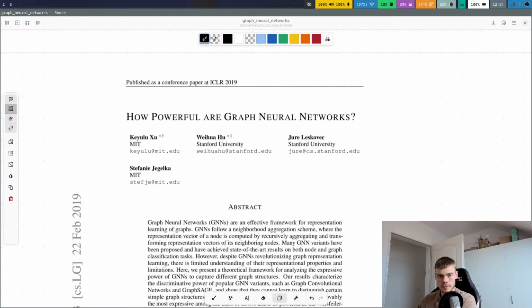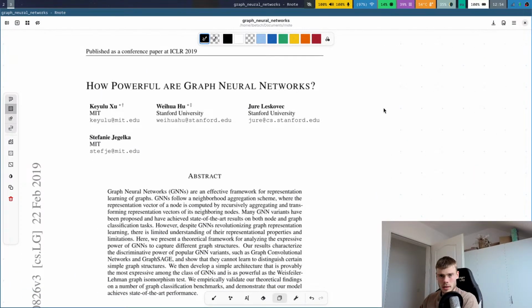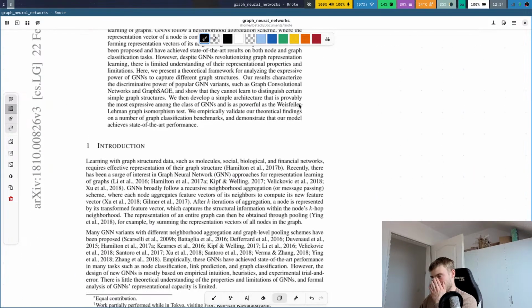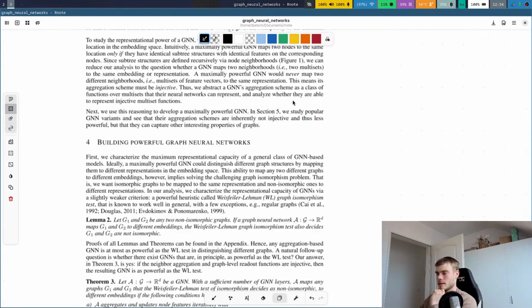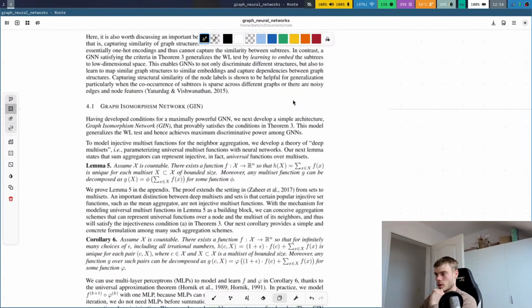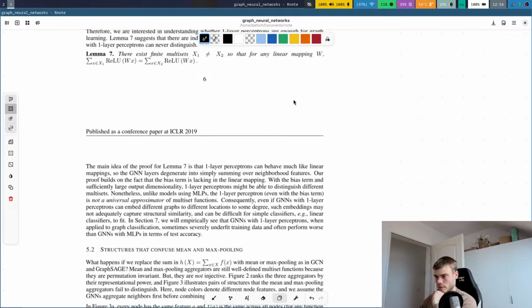Right, so the title is How Powerful Are Graph Neural Networks? I haven't read this, I haven't read the abstract, I haven't read the introduction, I didn't read any of this, but I think this is one of the more relevant works related to graph neural networks.